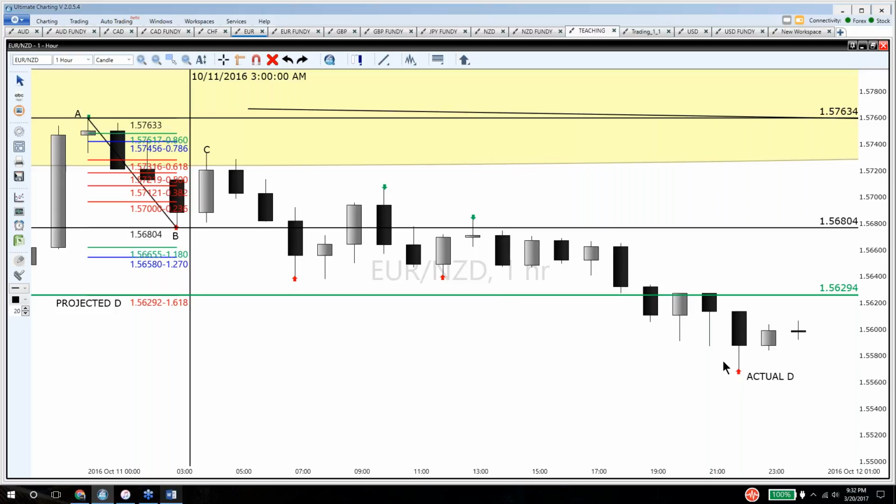Doesn't matter that the market exceeded the projected D extension. As far as drawing my Fibonacci's correctly, I need to pay attention to the actual D to be able to draw them. So my actual ABCD swing is this. AB, B to C, C to D.